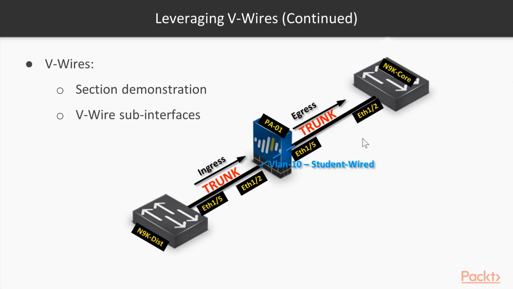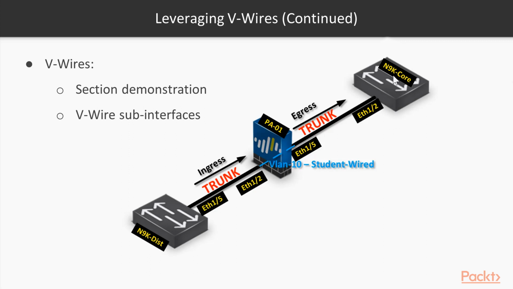The benefit of doing this is that now I can assign a zone to the ingress traffic, which is the traffic that comes from this interface, and then add another zone to this interface. So I can police traffic inbound and outbound of my firewall for VLAN 10. And again, there's no routing happening on the Palo Alto. This is completely transparent. This switch sees this switch completely transparent end to end.